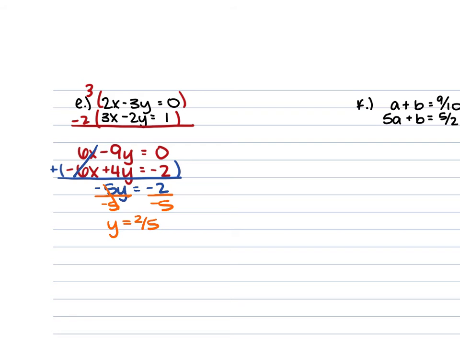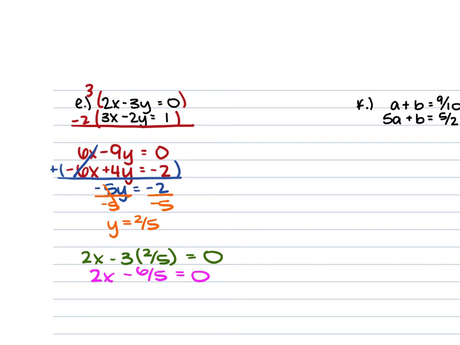Either way, you're going to have to work with this fraction, so I'm just going to do it to the top equation. So 2x minus 3 times y, which is 2/5, is equal to 0. From here, I can multiply the negative 3 times 2/5, which is negative 6/5. So 2x minus 6/5 is equal to 0.